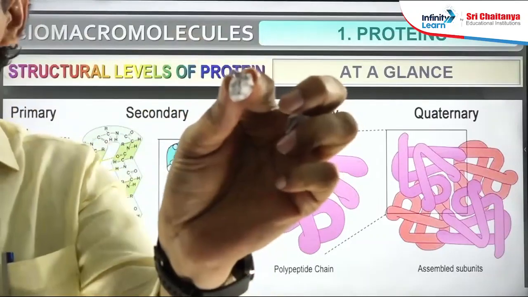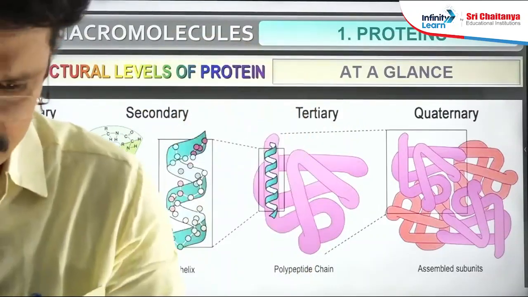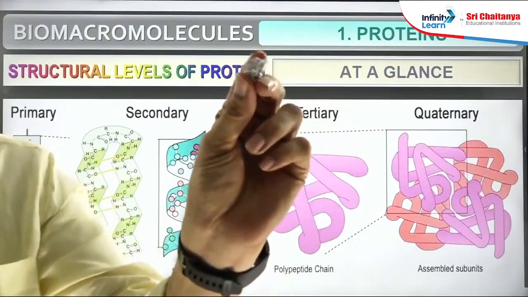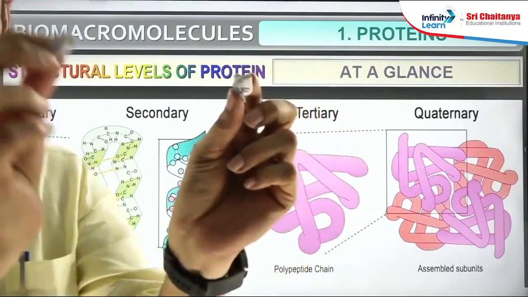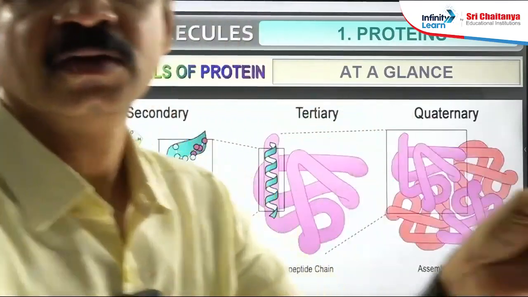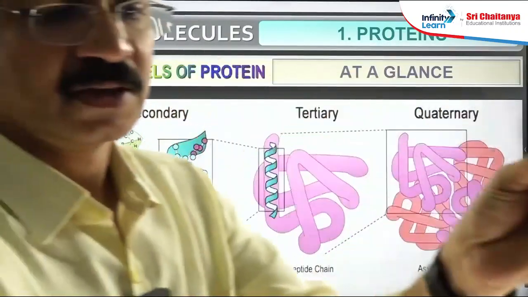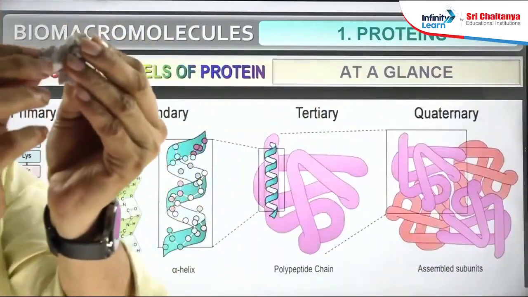One tertiary protein. Rarely quaternary is formed. This small granule is one tertiary, second tertiary, tertiary number 3, tertiary number 4.